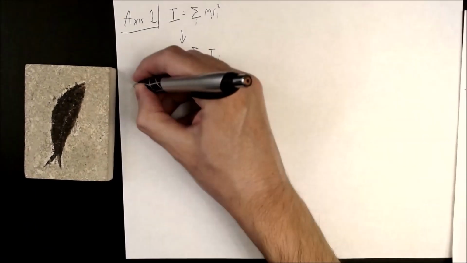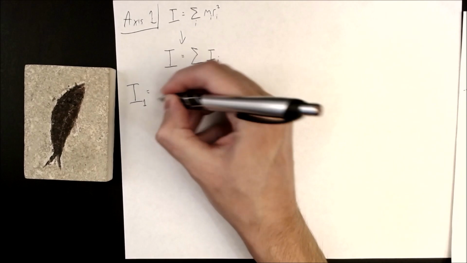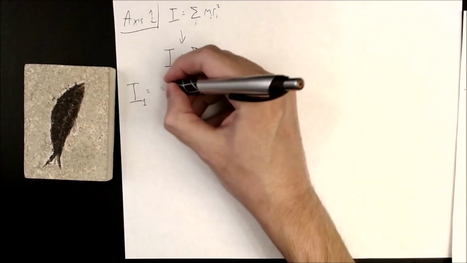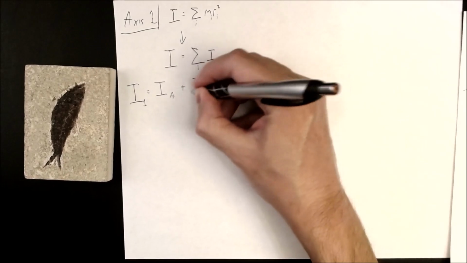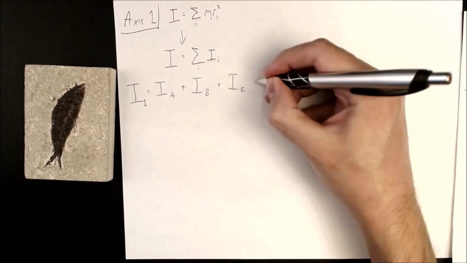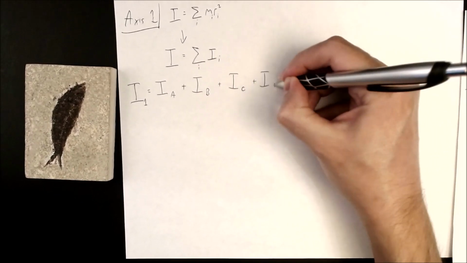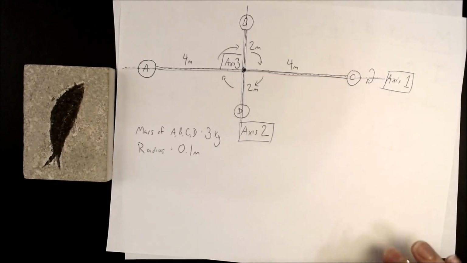Let's do that for axis 1. Moment of inertia around axis 1 is going to be the moment of inertia of object A plus the moment of inertia of object B plus the moment of inertia of object C plus the moment of inertia of object D. A, B, C, D.